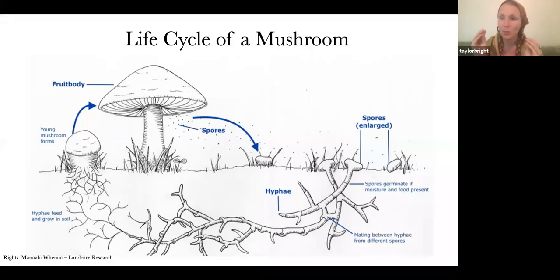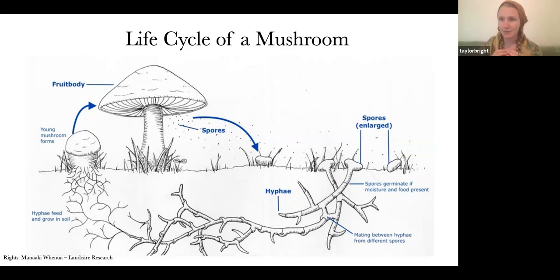And when the spore germinates, it sends out its long hyphal tip. You can kind of think of them like roots. They have very different functions, but the spore sends out this hyphal thread, and it weaves through the earth or the wood or the substrate, looking for food and looking for nutrients and looking for a mate.